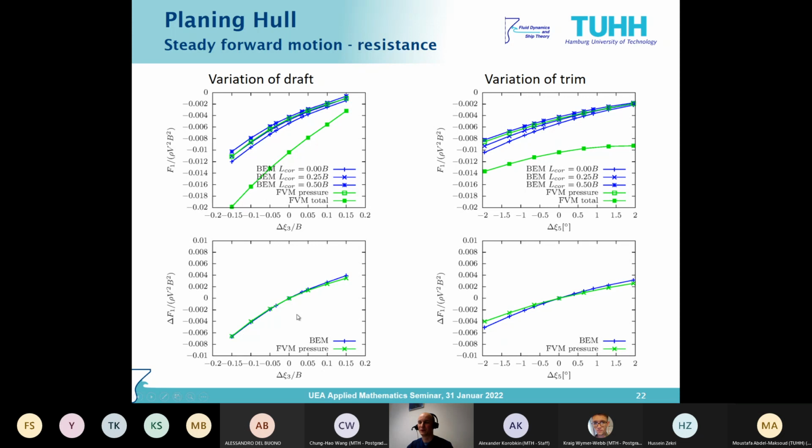However, we can expect that changes of the running condition can be reproduced quite well by the method, and this is why we think that this method is especially suited for dynamic problems. Like when the ship is moving, it changes its position, then we can reproduce the effects on the forces by those changes.